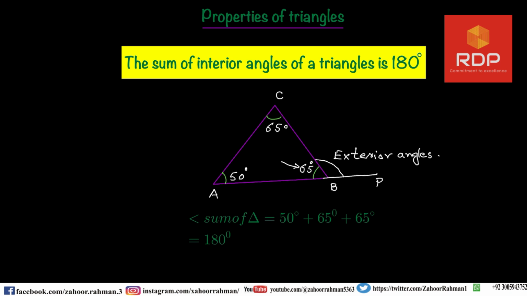Here in this triangle, one angle is 65, the second one is 50, and the third one is also 65. So it means that the angle sum of a triangle is equal to 50, this one, plus 65 and plus 65 degrees.